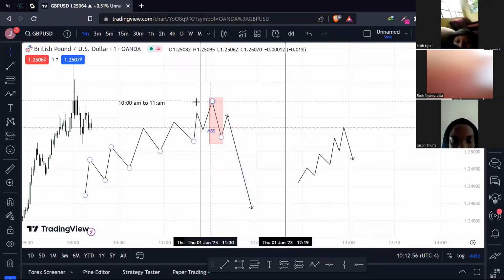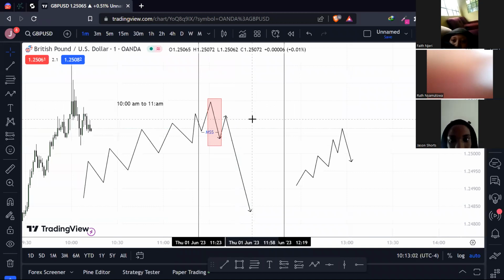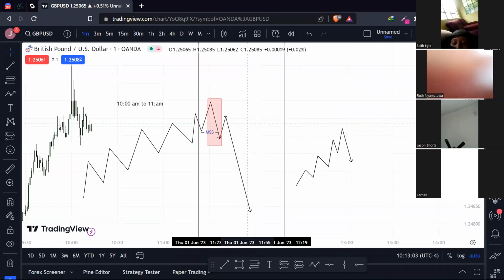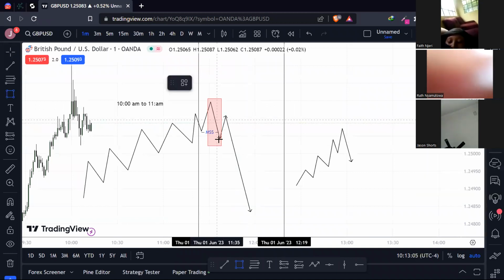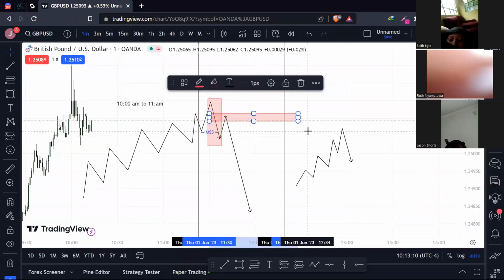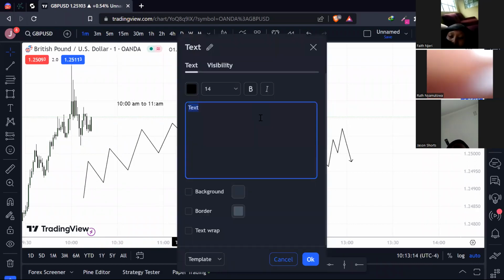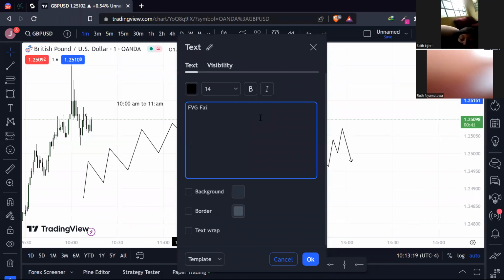In this trading period, there are so many things that happen. Why the price comes here is because there will be an FVG here. The FVG is called fair value gap.